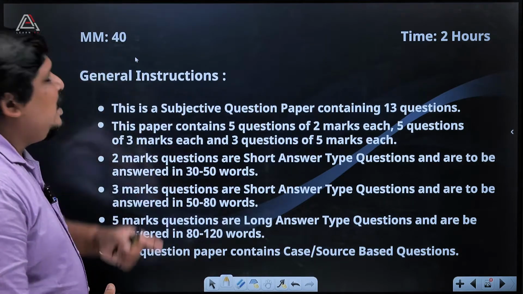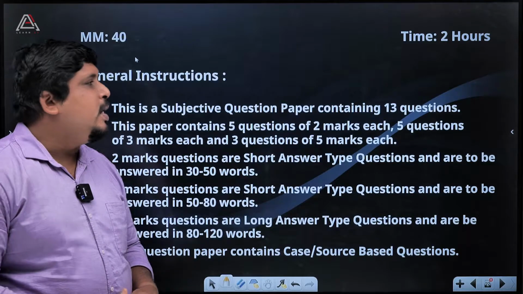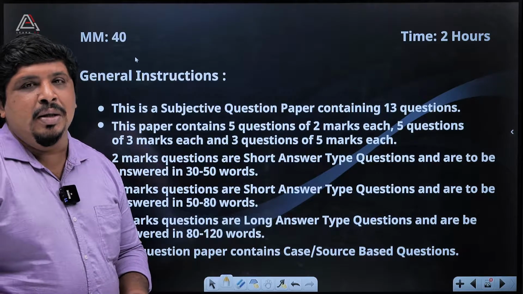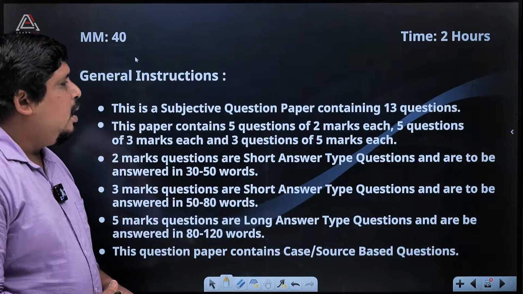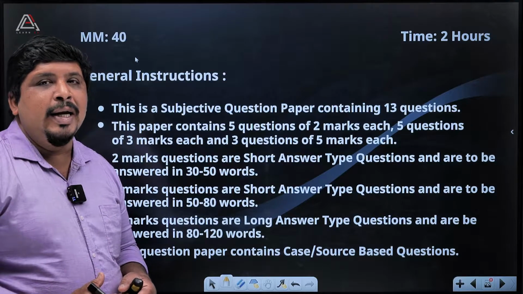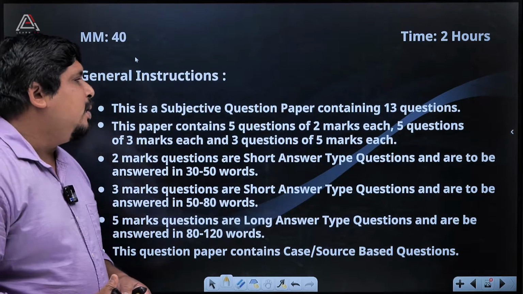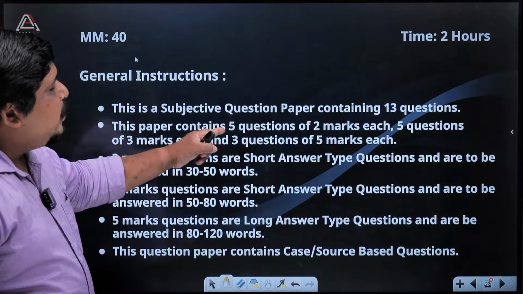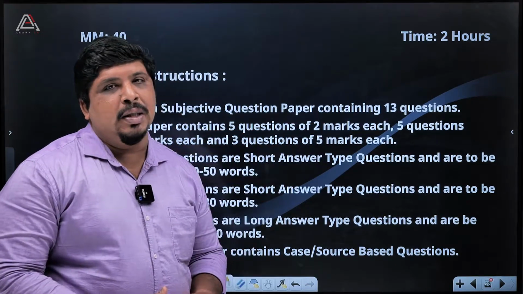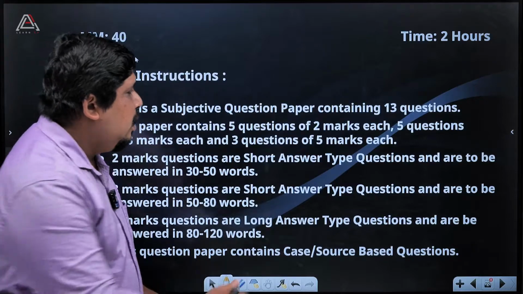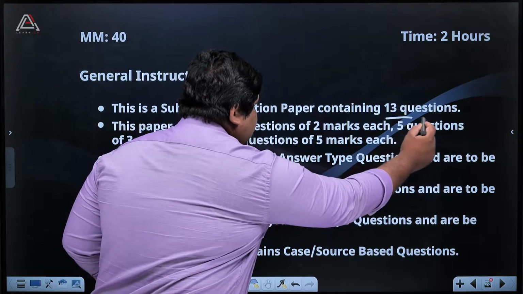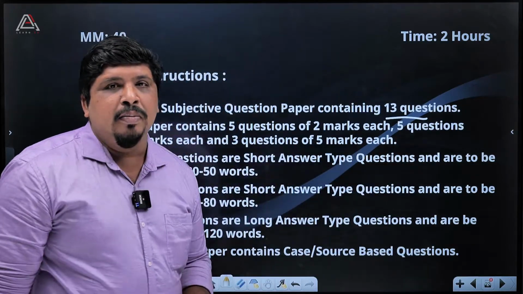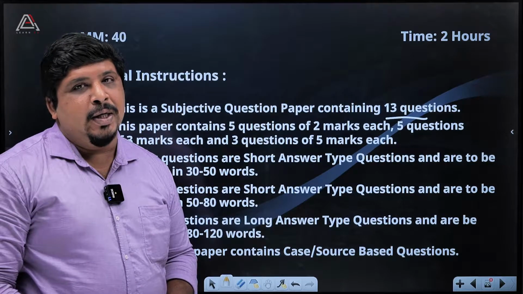So some general instructions are given for students. What are the general instructions? First of all, we can check how many questions the question paper contains. It is a subjective question paper containing 13 questions. You have to write all 13 questions.